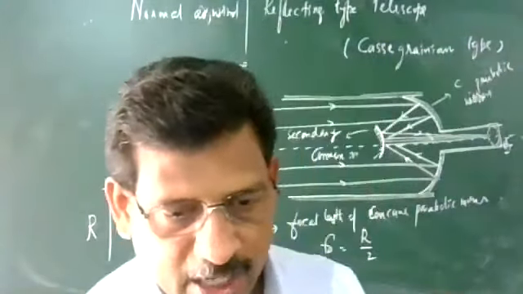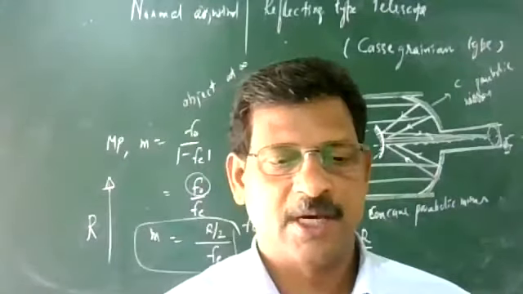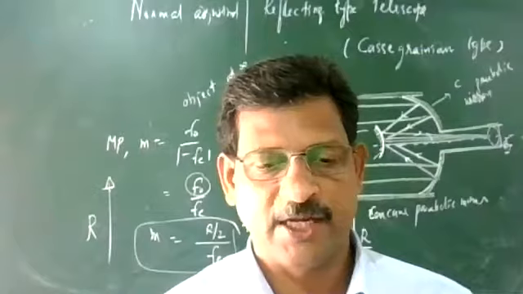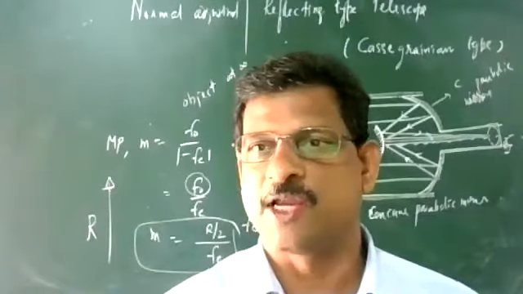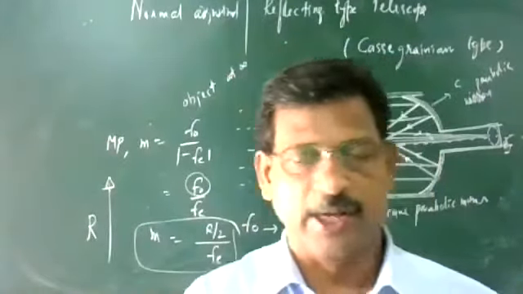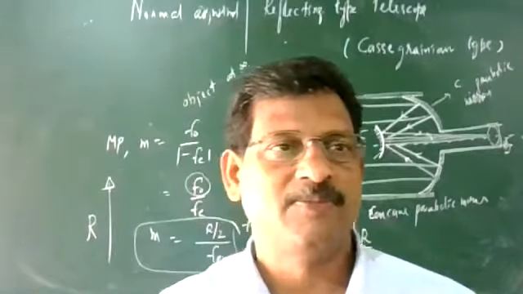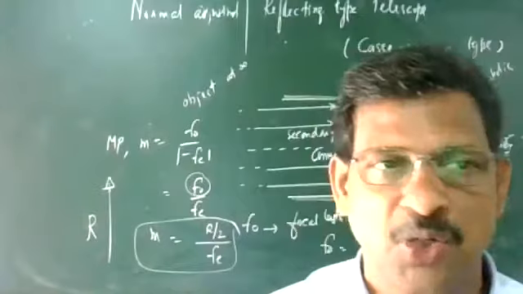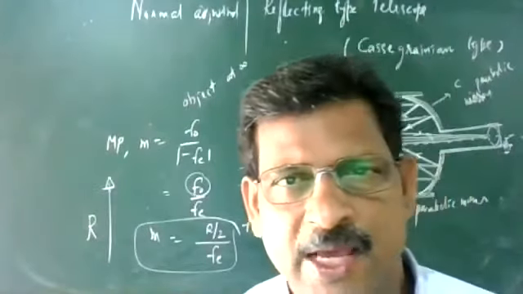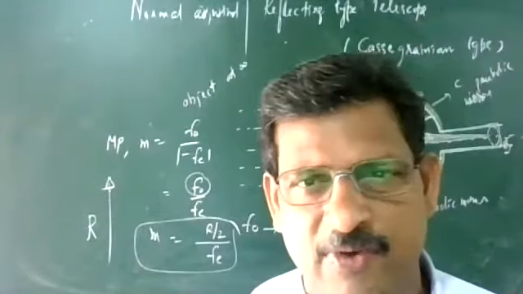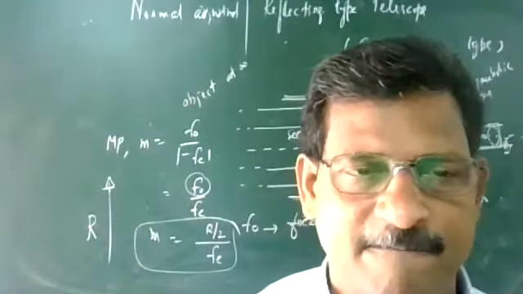Next is, what are the advantages? This is a many times repeated question. What are the advantages of a reflecting type telescope over a refracting type telescope? Some of the important points, if you want, you can note down. First, a reflecting type telescope has high resolution. High resolution means to see things clearly and separately. Very close objects can be seen clearly.